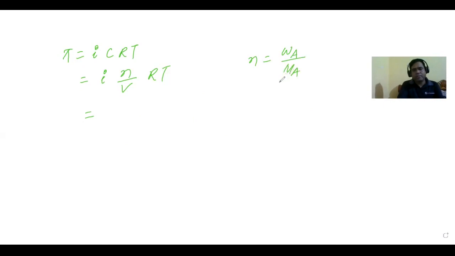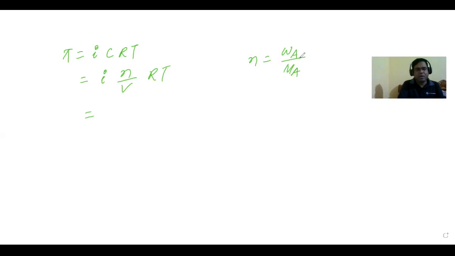Pi equal to iCRT. We know that C equal to n by V, so pi equal to i n by V RT. And we know that n equal to WA by MA, number of moles equal to weight by molecular mass, or here atomic mass or molecular mass.